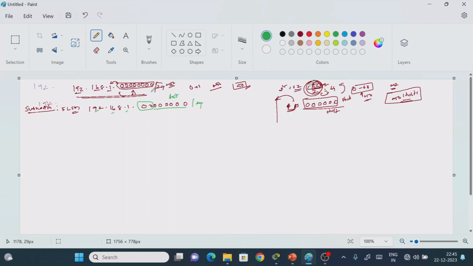Now after deciding that 6 bits are sufficient for the host operation, the remaining bits will be given to the network portion. It means this will be replaced by 1 1, right? So what is the subnet mask for this? 255.255.255.0, right? Now we need to find the subnet mask for this one.